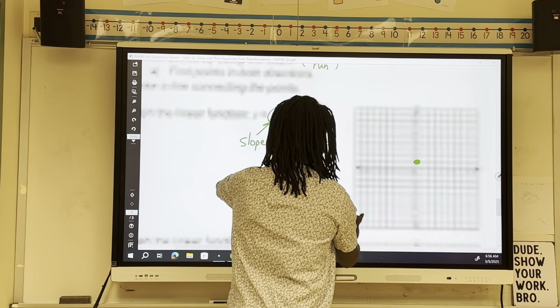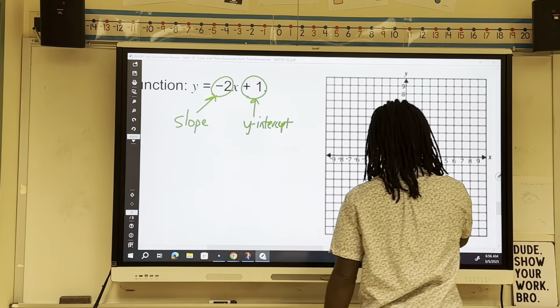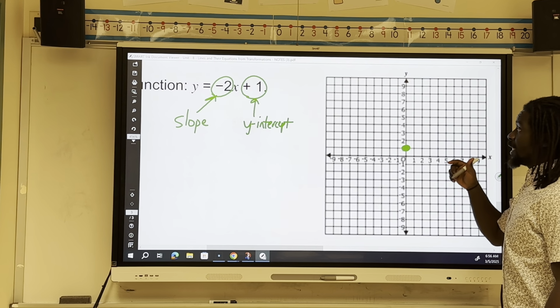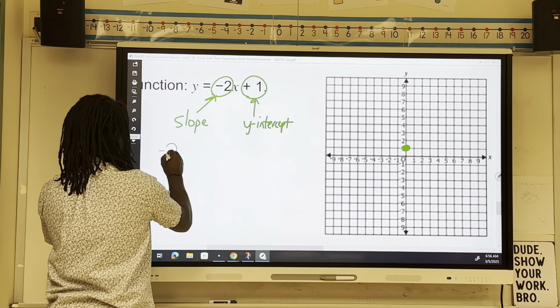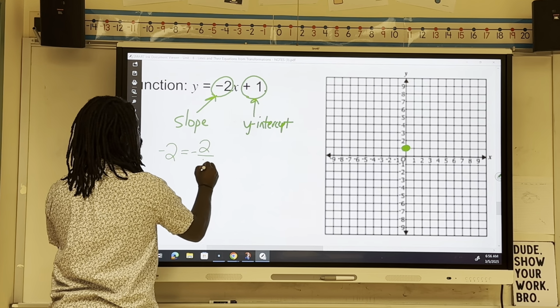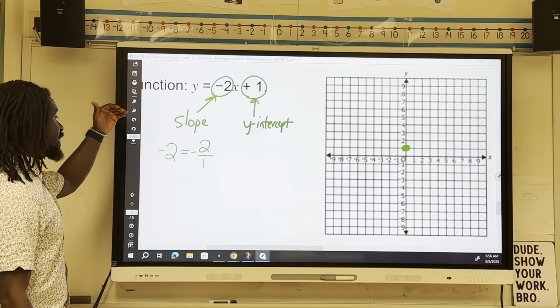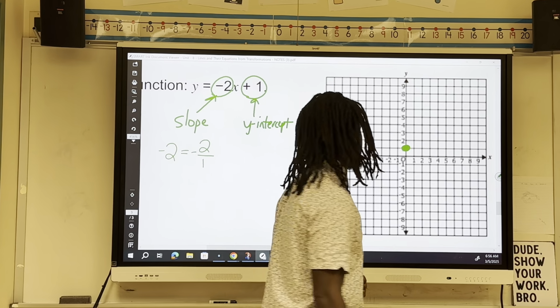I'm going to zoom this in just so you can see this a little better, all right? So I'll go from my dot, and I'm going negative 2. I need to know that when my slope is negative 2, that really is negative 2 over 1, because slope is rise over run. Just got to remember that there's an imaginary 1 underneath there.